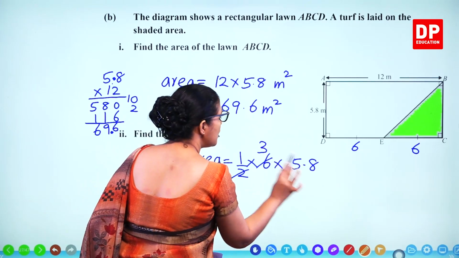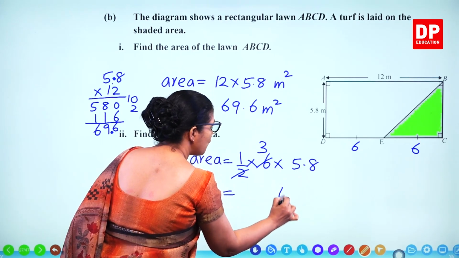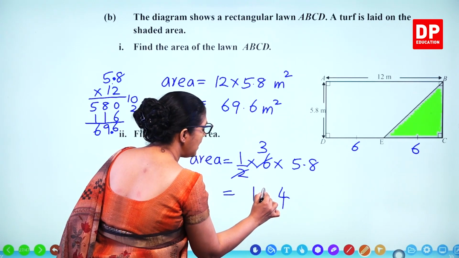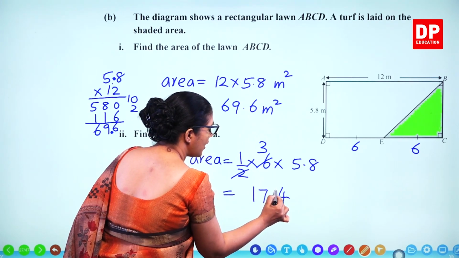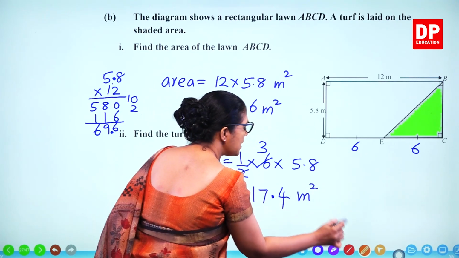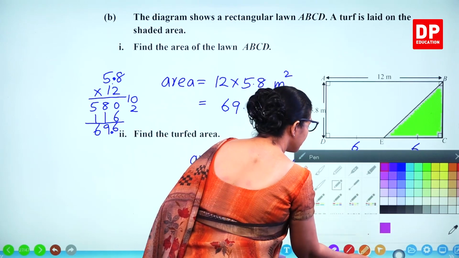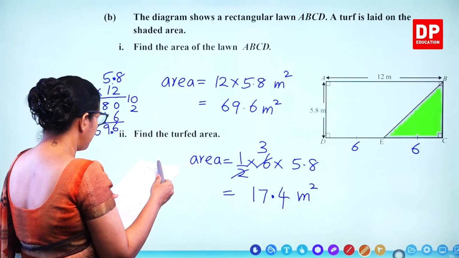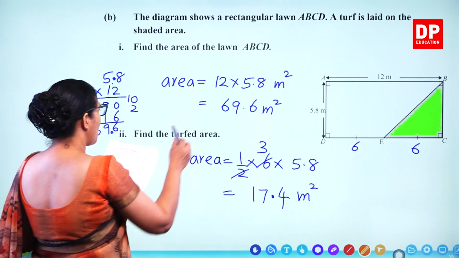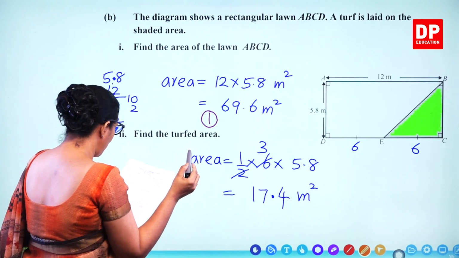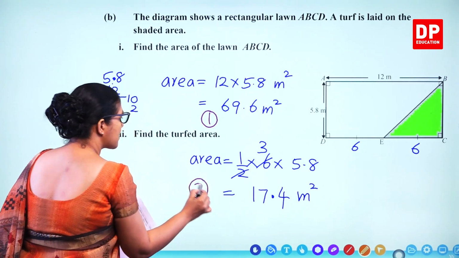So without the decimal, just multiply. 3 times 8, 24. 2 remaining. 3 times 5, 15 plus 2, 17. And put the decimal point, 17.4. And this is square meters. How many marks? 69.6 you get 1 mark. And 17.4 you get 2 marks.